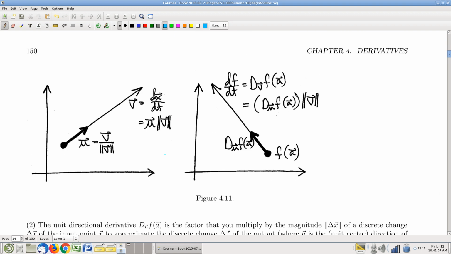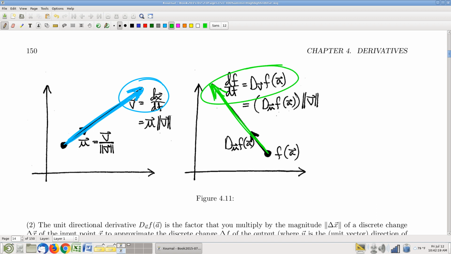Here's a picture. Suppose our scenario is that we've got an input velocity given to us, and we want to know what is the corresponding output velocity, namely the directional derivative.